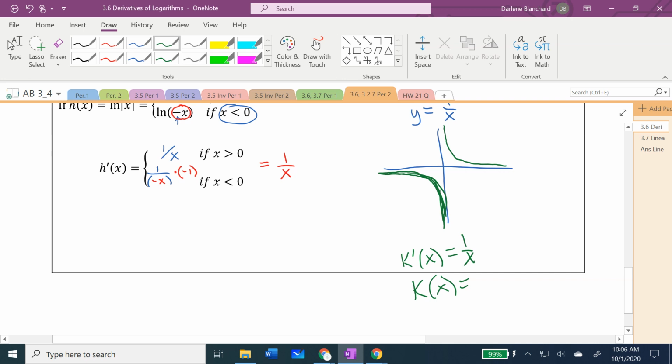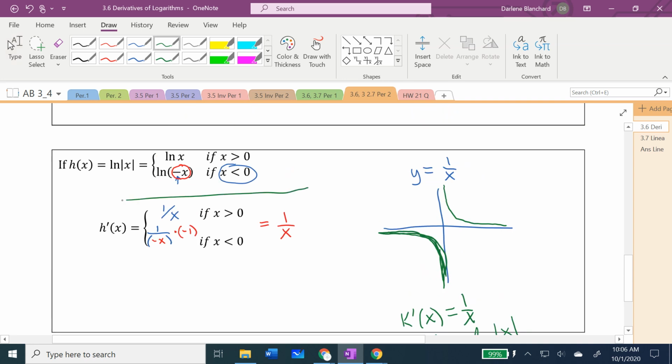If you don't put absolute values around x when you say natural log x, you have lost half of the domain, instantly. So this is going to be an issue later on. And I'm pointing it out now so I don't have to, at that time, go over this again. Because I don't want to go over that again.